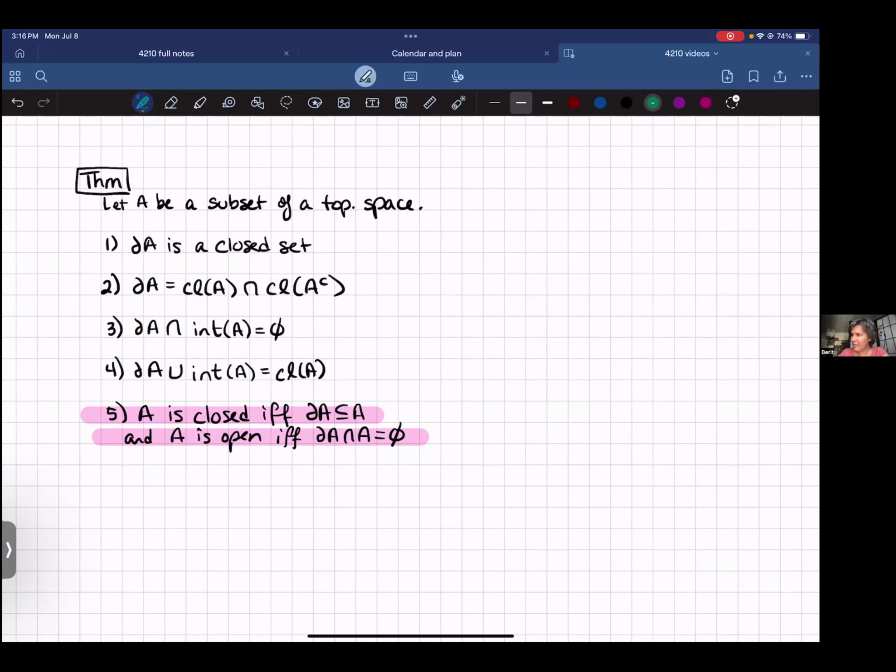Well, if A is closed, then A is equal to the closure of A. And the boundary of A is always a subset of the closure of A because it's the closure of A take away something. So the boundary of A would be a subset of A in that case.